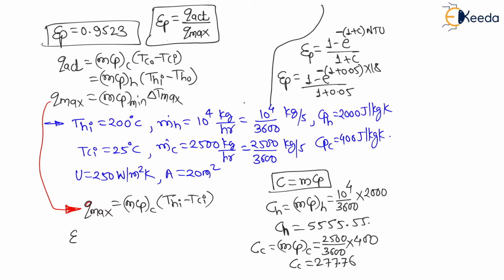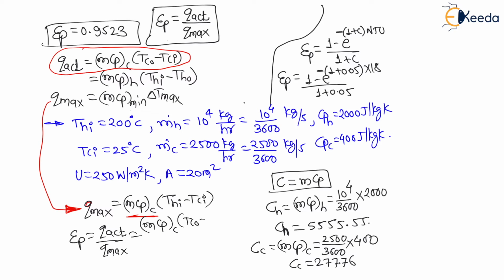So let us write these formulas and equate this effectiveness. As for the maximum calculation we are considering m Cp of cold, let us use the same for the actual as well, because logically the m Cp of cold will get cancelled. Therefore, the effectiveness is Q actual divided by Q maximum possible, which is m Cp of cold into TCO minus TCI, divided by m Cp of cold into THI minus TCI.